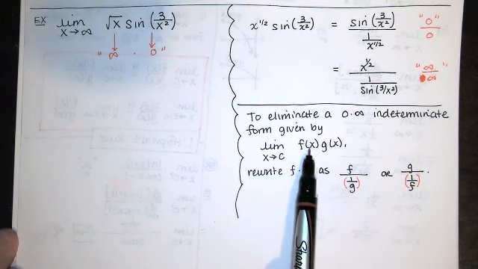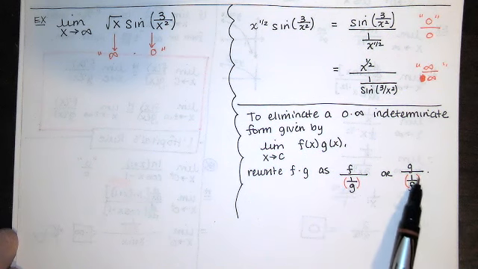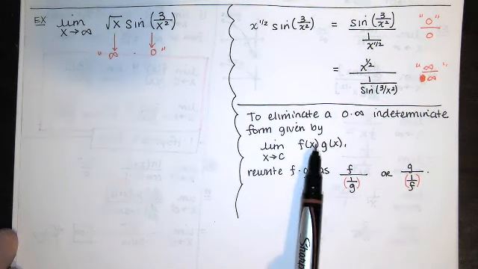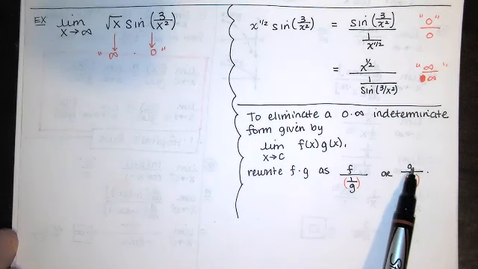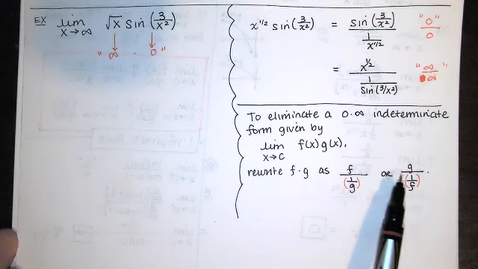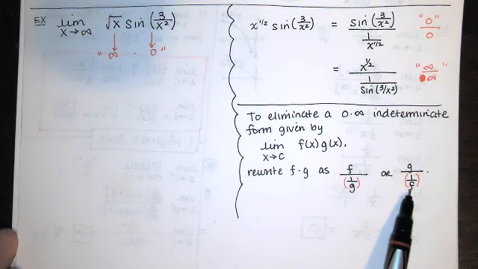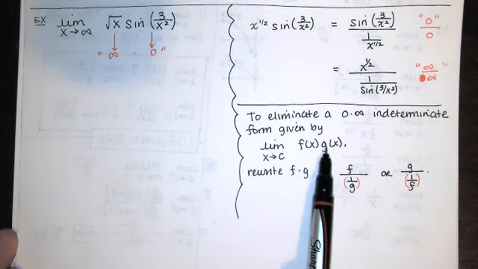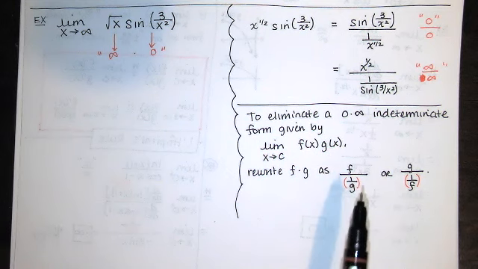If this is infinity times 0, if you put this 1 over g in the denominator, you're going to have an infinity over infinity. If you put the 1 over f in the denominator, if f was approaching infinity and g was approaching 0, this is 0, and then I've got 1 over something very large, so it's something very small. So if this is infinity times 0, this will become 0 over 0. If this is infinity times 0, this will become infinity over infinity.